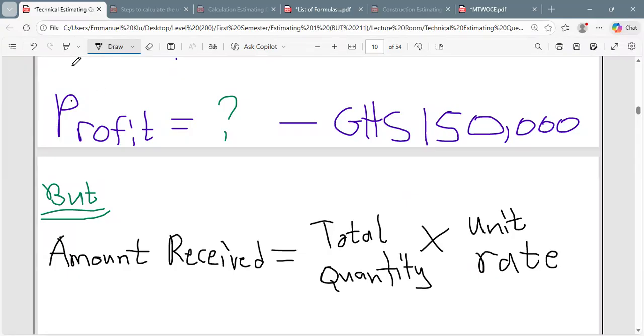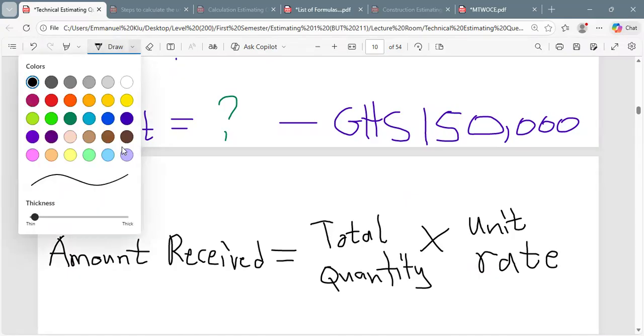So what does that imply? We just have to key in the values and then we are good to go. So I feel like using a different color pen to make this a bit dynamic.